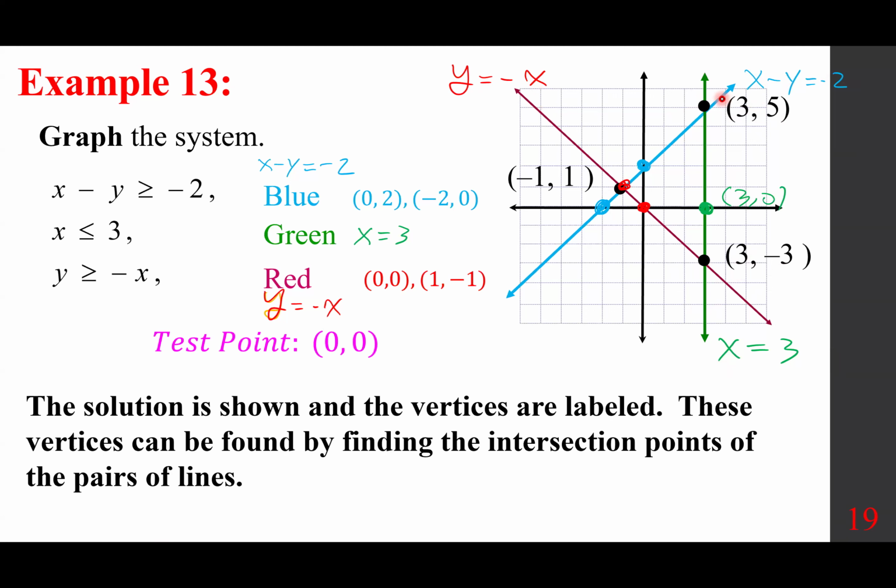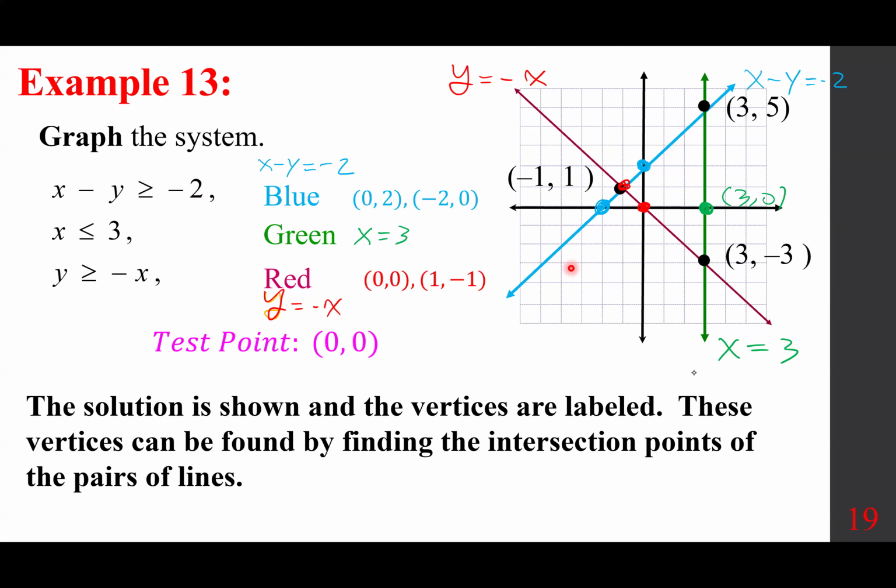If you do a test point for each one, and I'm going to leave it for you to do that, just for the sake of argument, if you put this into this, 0 is larger than or equal to negative 2. Look at the blue line, 0, 0 is here. Is this a true statement? Yes.